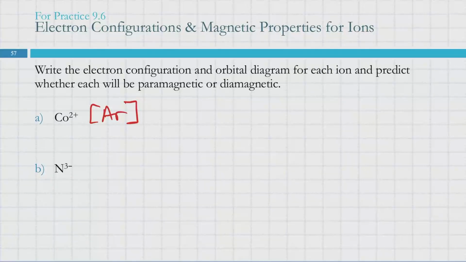So after argon, we're in what row? We're in row 4. The first thing that we encounter, what block do we encounter first? S. So 4s. We're past it. There's 2 spots. So 4s2, and then we're in the D block. What number are we putting with our first D block?